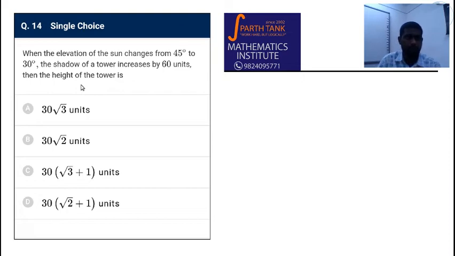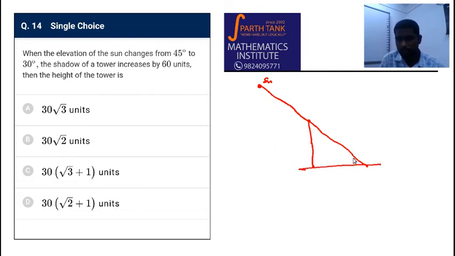Question 14. When the elevation of the sun changes from 45 to 30 degrees, the shadow of a tower increases by 60 units. Then the height of the tower is... So there is a tower, and let us say this was the sun, and its elevation was 45 degrees, more or less like this. The shadow was so much. Okay, let us say the tower's height is h.